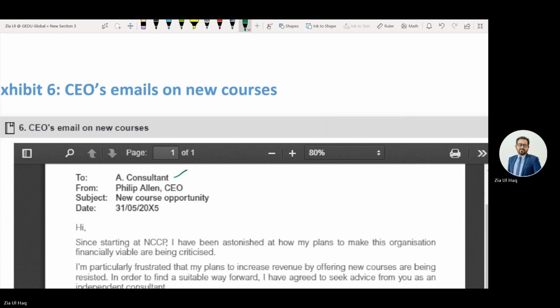Sometimes the first requirement relates to exhibit 1, but sometimes it could relate to the third, fourth or sixth exhibit. So it's better to first read the complete information about the company, what exhibits you have, and what data is given in each exhibit, then move towards attempting the requirement.